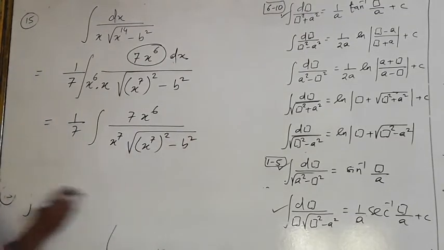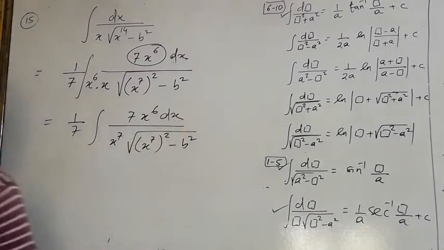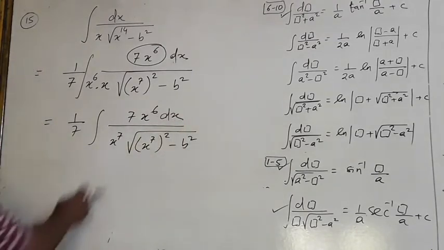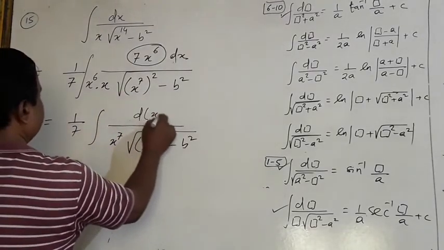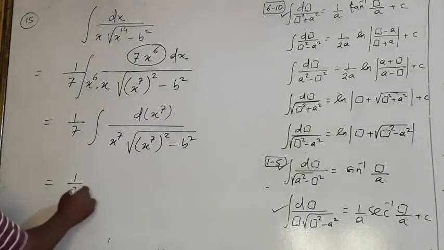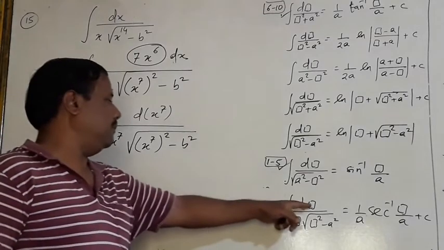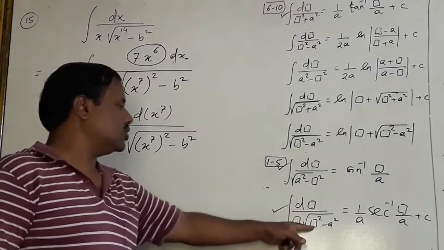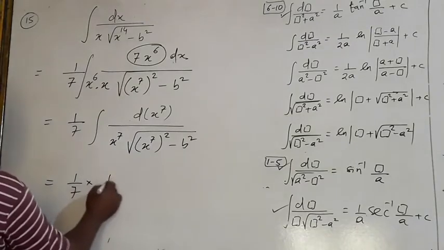Now in place of 7x to the power 6 dx, you can write it as the derivative of x to the power 7. Okay, now whether you put it or not does not matter. It is in this form: d box by box square minus a square, which is 1 by a sec inverse of box by a.